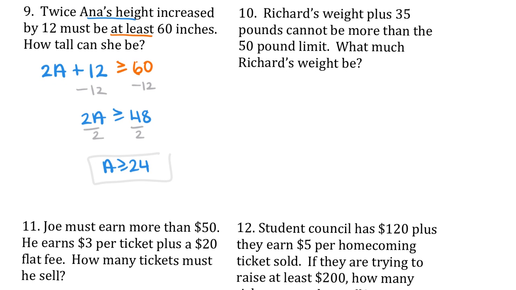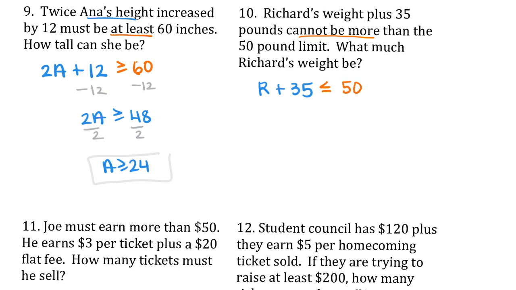Richard's weight plus 35 pounds. Okay, let's pick a letter for Richard's weight. If you want to use X, you use X every time. I have no problem with that. I'm going to pick R. Richard's weight plus 35 pounds cannot be more than 50. Cannot be more than 50. So it can be 50, but it can't be more than 50.